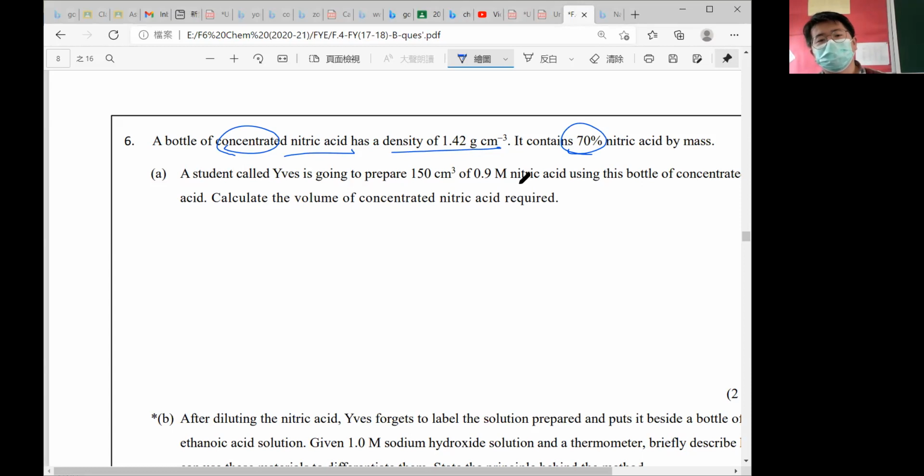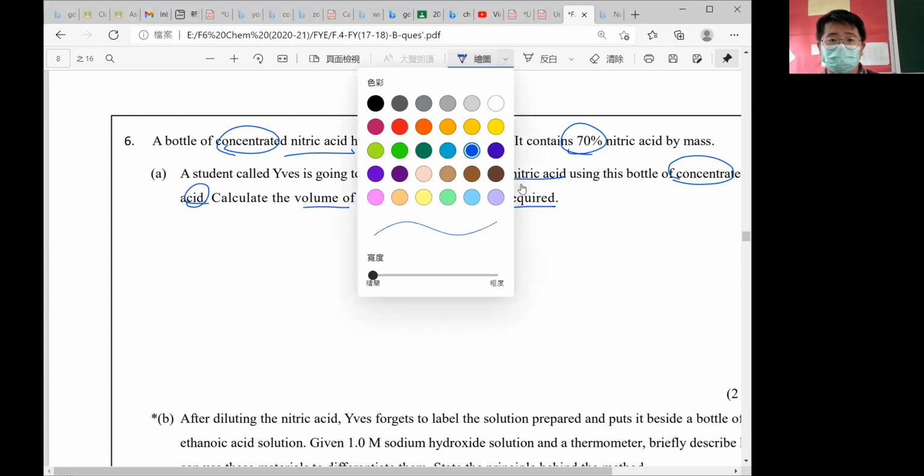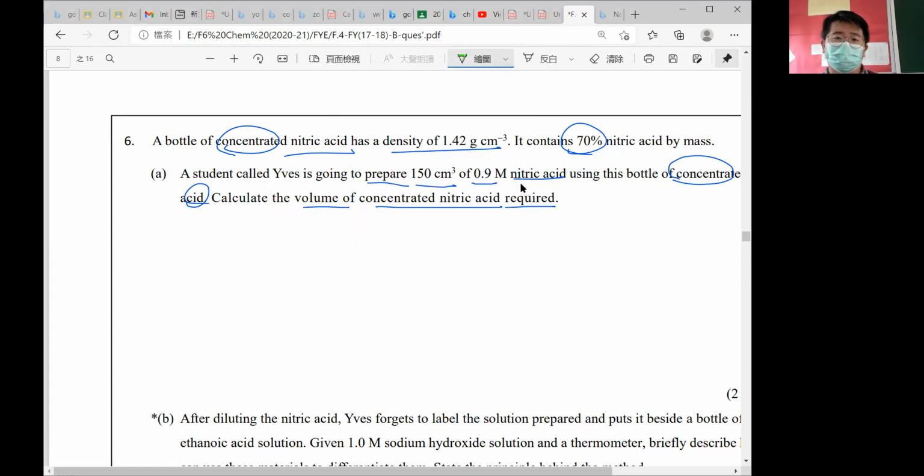This time you need not calculate the concentration of the concentrated nitric acid. Instead, you use it to prepare 150 cm cube of 0.9 molar nitric acid. You are going to ask, what is the volume of the concentrated nitric acid required? So it is quite different from what you are going to have.